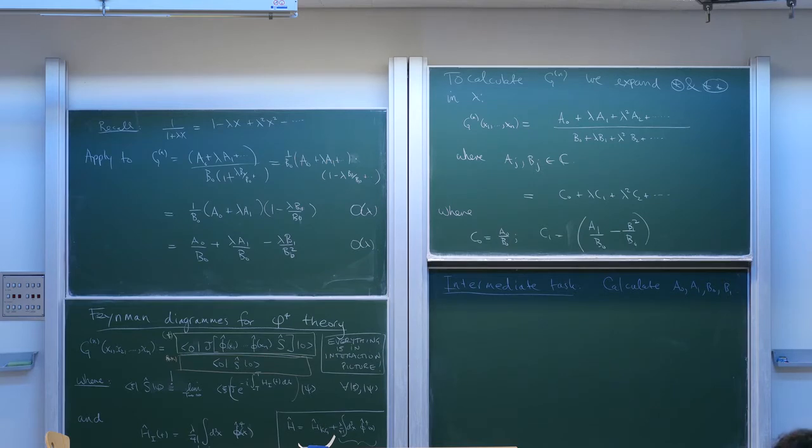Calculating 4 numbers in the next lecture and maybe 2 lectures. Turns out these 4 numbers are sort of sufficiently annoying to compute that it will take us quite a while.